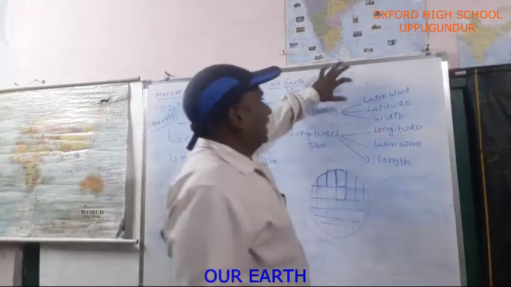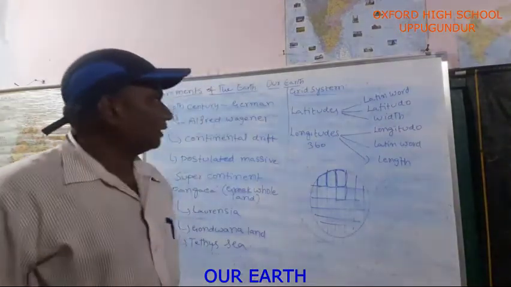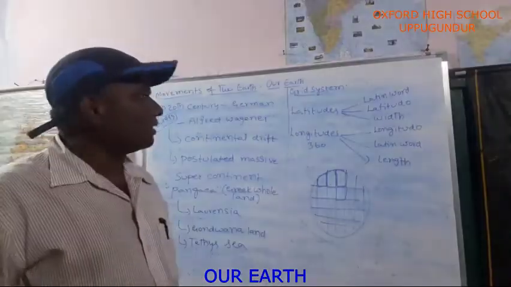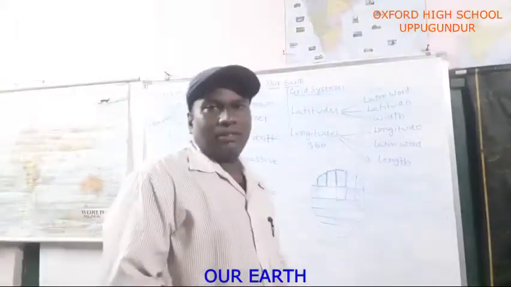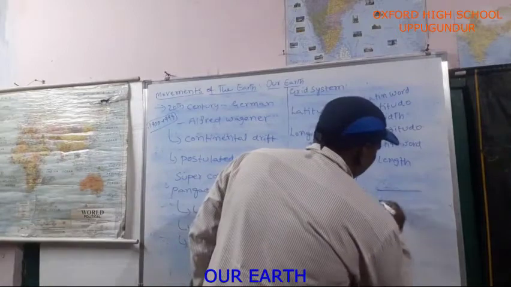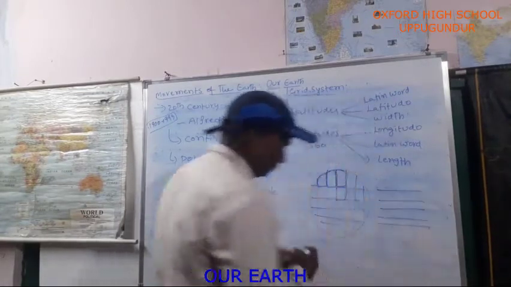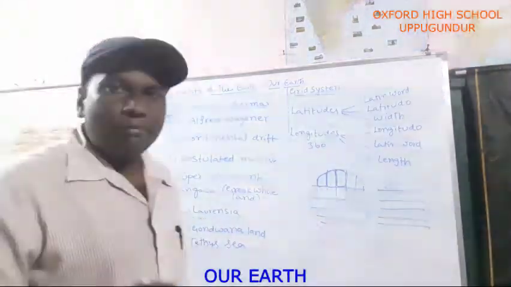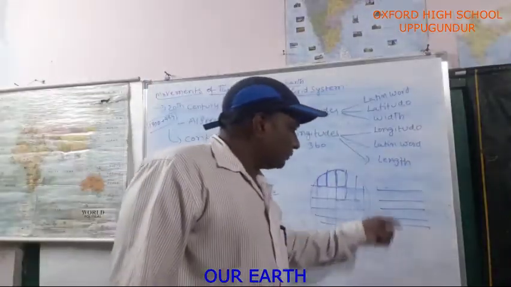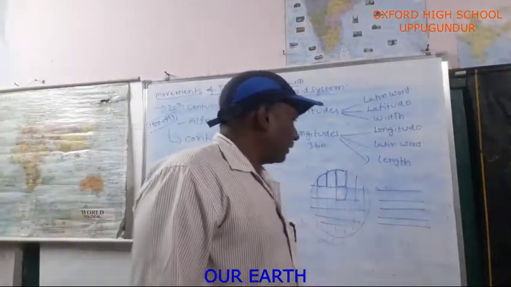Latitudes are taken from which word? The Latin word latitudo. Latitudo means width. For example, these horizontal lines are called latitudes. These latitudes are imaginary lines, and at the same time they are parallel lines.